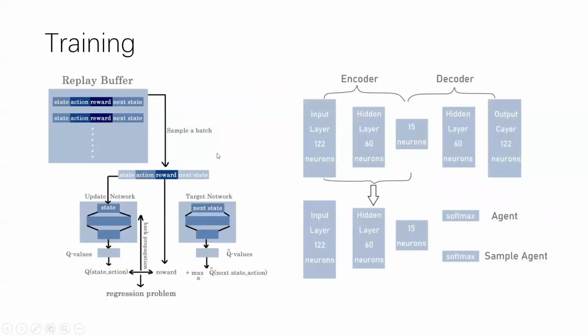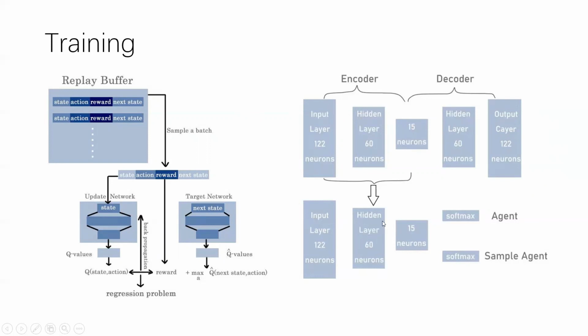So this is the whole training stage. The right part is the main agent network. At first we pretrain a stacked autoencoder to implement dimension reduction. Then we use the encoder as the main structure of the agent.